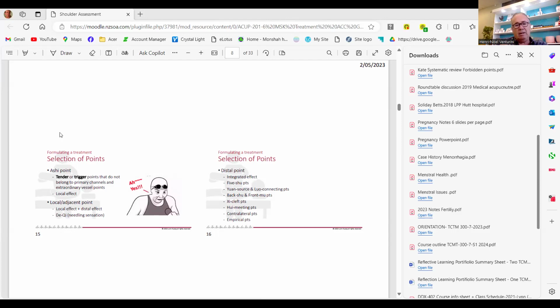For example, if we go back to the shoulder, you know that there is large intestine, small intestine, stomach, lung, sanjiao, and bladder, and to a certain extent gallbladder, right? There are lots of channels that are running through the shoulder. So when you know where the general area of that channel is, you'll know if it's reflecting that channel.